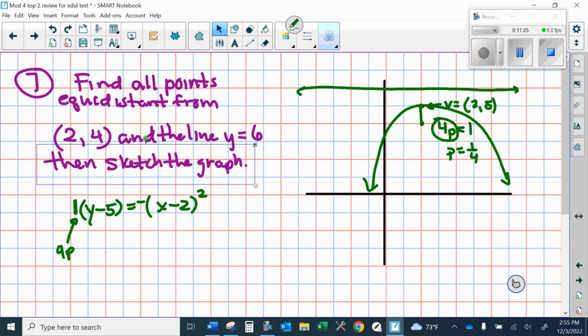They don't like putting the negative on this side, so we move it to the other side. So you have negative of y minus 5 equals the quantity x minus 2 squared.